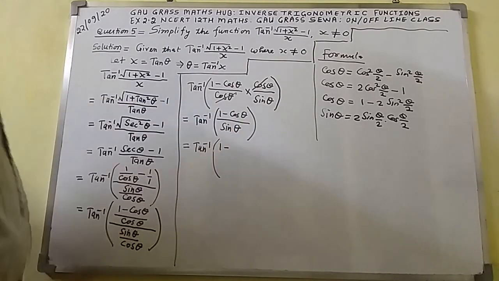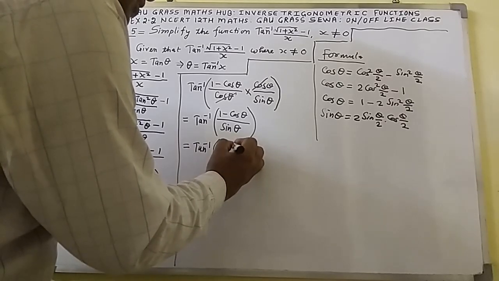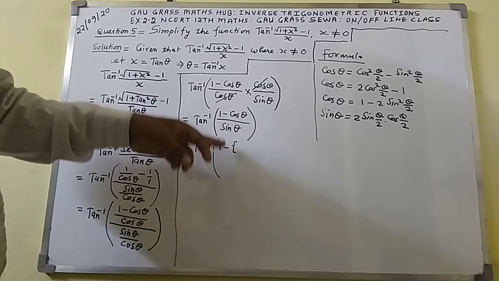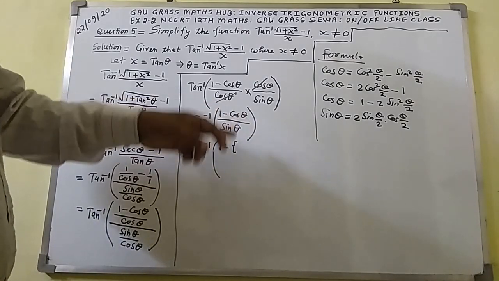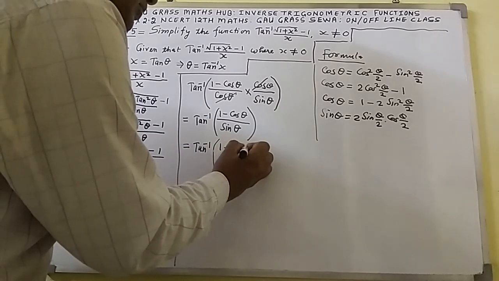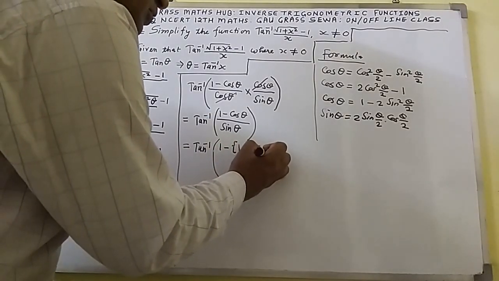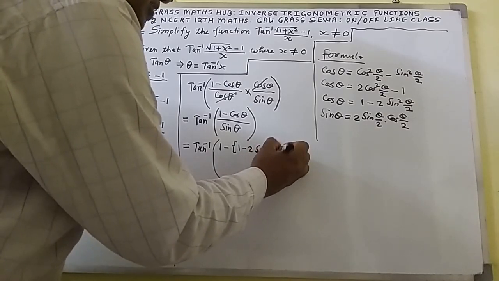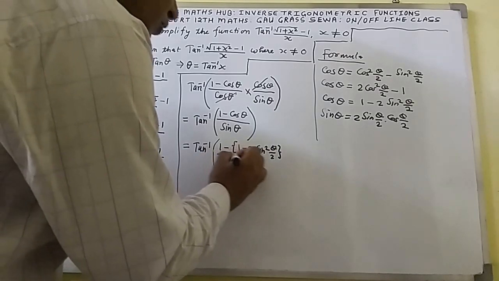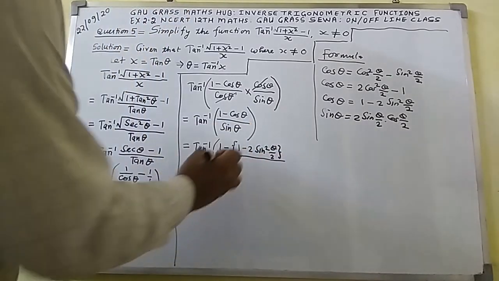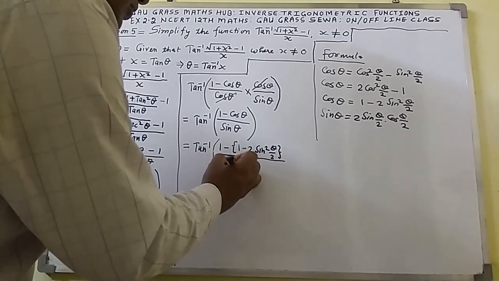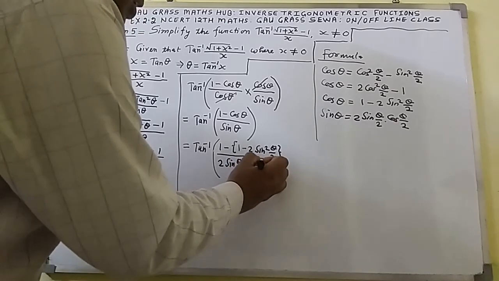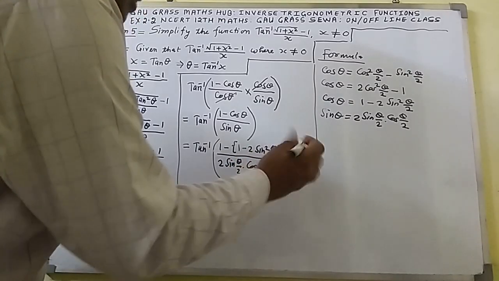So in place of cos theta, I can write in curly bracket 1 minus 2 sin square theta by 2, curly bracket close, whole over, in place of sin theta, I can write 2 sin theta by 2 dot cos theta by 2.